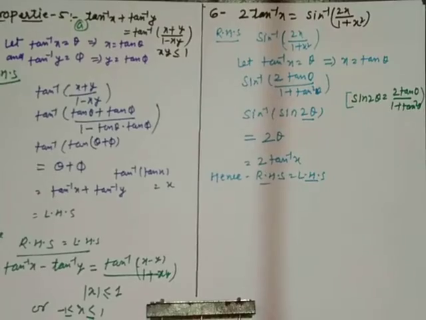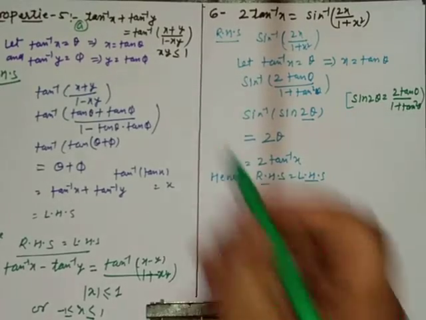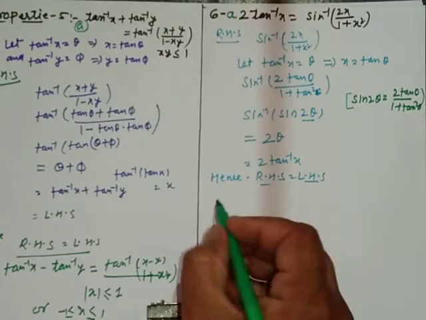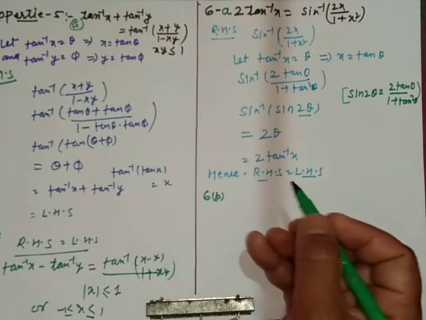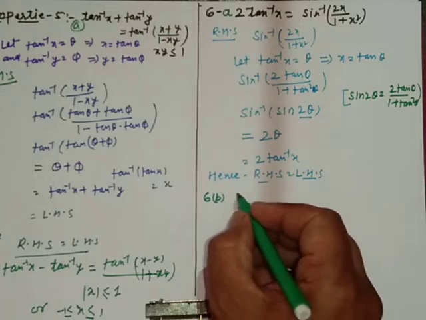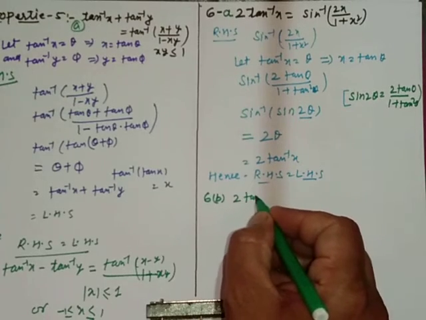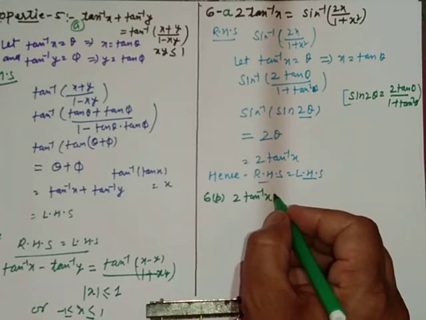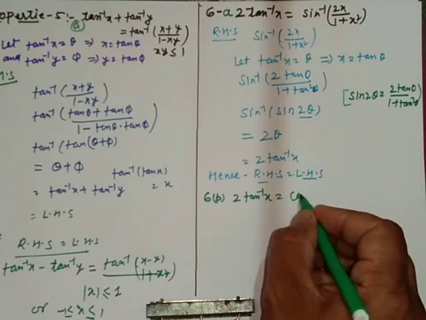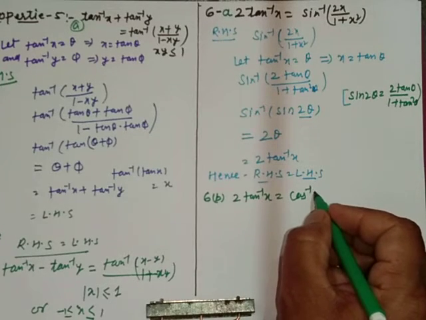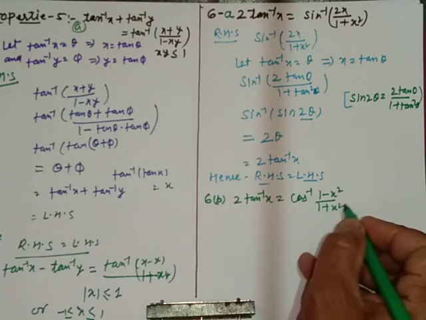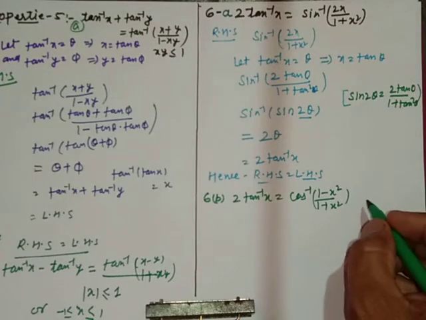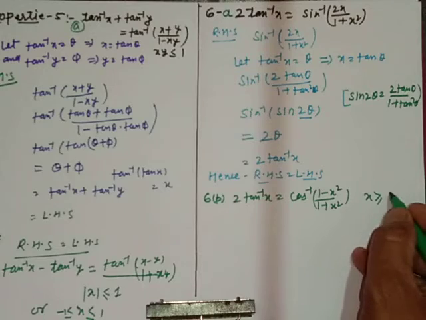So using this we can write some more properties. Suppose that is A, so we can write another property, 6b. That is 2 tan inverse x is equal to cos inverse of (1 minus x square) upon (1 plus x square), where x is greater than or equal to 0.